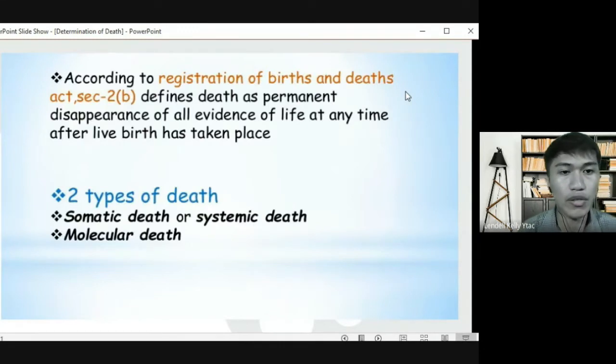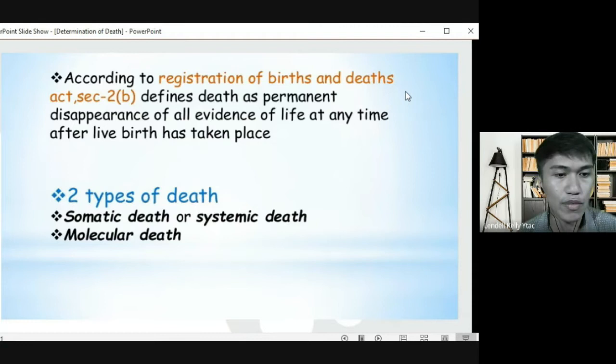According to the Registration of Birth and Death Act, Section 2, death is defined as a permanent disappearance of all evidence of life at any time after live birth has taken place. So if all those characteristics of life cease to exist, we can conclude that death happens.